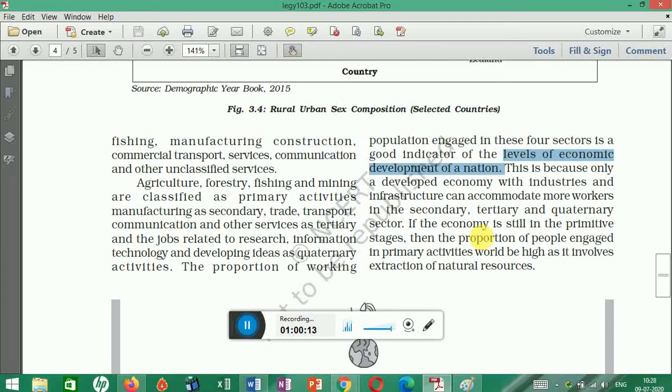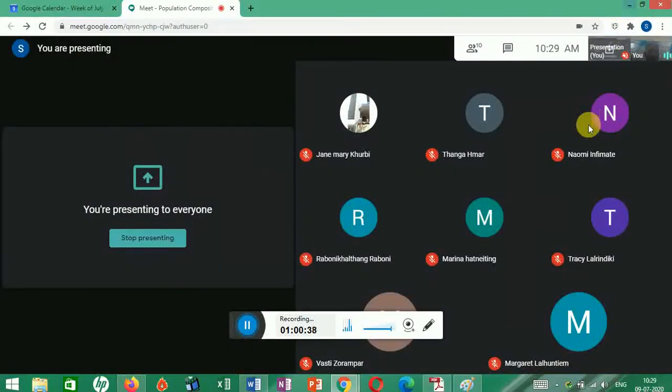If there is a large proportion of people in the secondary and the tertiary sector, in the manufacturing and the service sector, there is more economic development in that particular country. So in this way, there is a very close relationship between the occupational structure and the economic development of a country. So here is the end of today's lesson.